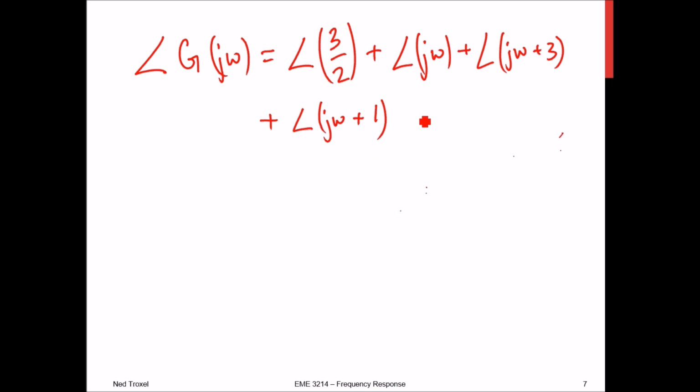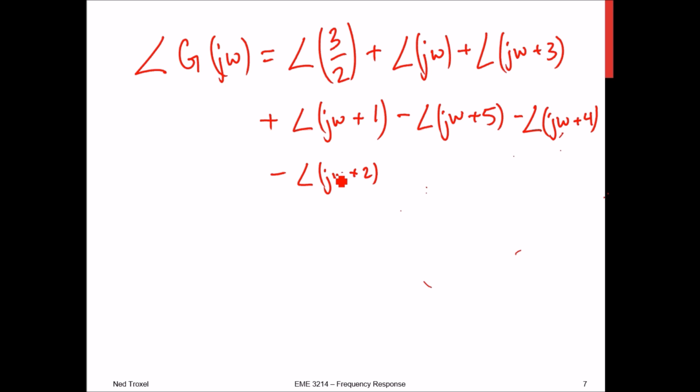Now I'm going to go to the poles. My first pole, angle of j omega plus 5. Minus the angle of j omega plus 4. Minus the angle of j omega plus 2.